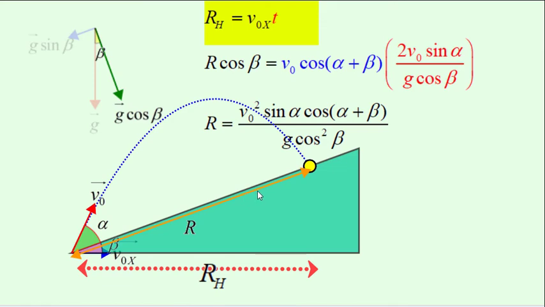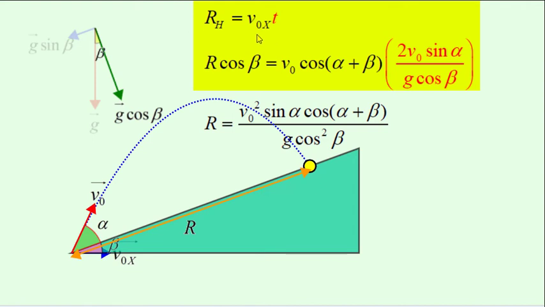Now RH is R cos beta, and that is equal to the constant horizontal velocity component v0x times the time of flight t. So we get R cos beta equals v0 cos of alpha plus beta times 2v0 sine of alpha over g cos beta.